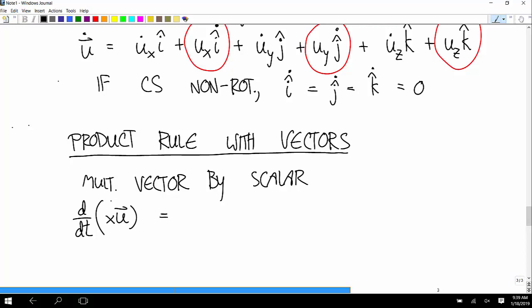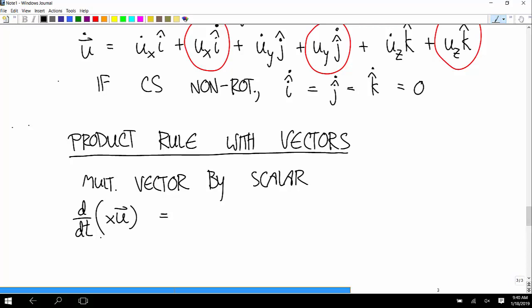Well, this is equal to, another way you can write this, by the way, people would put the xu in parentheses and then draw a line over it to show we're talking about everything inside the parentheses and then a dot over the line.